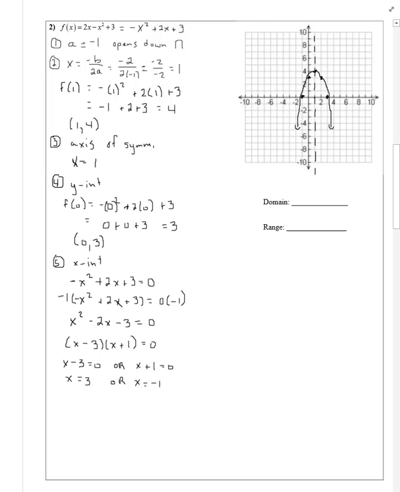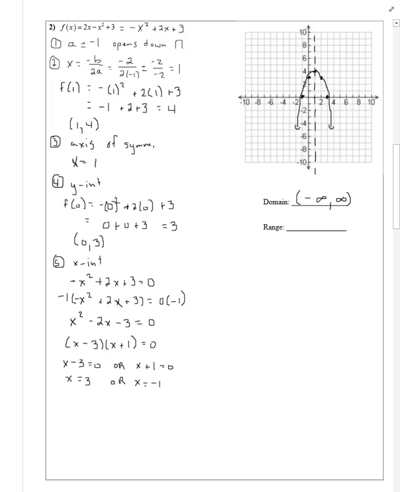Okay? The domain, again, since this just keeps getting wider and wider the further we go, we know that every possible x value, which is the domain, gives us negative infinity to positive infinity.